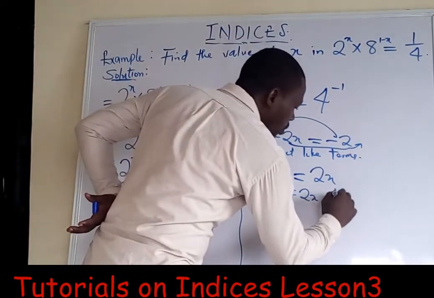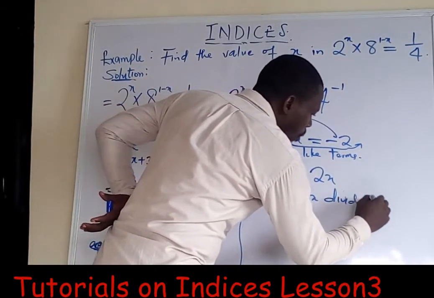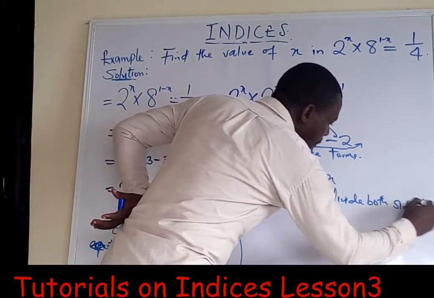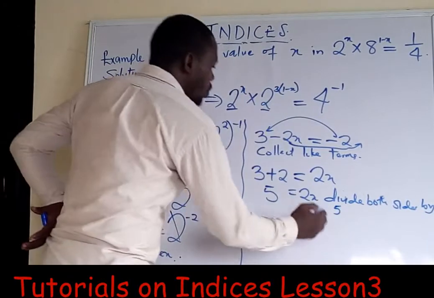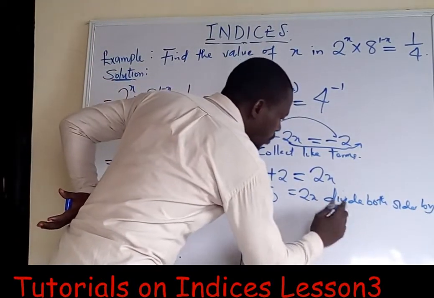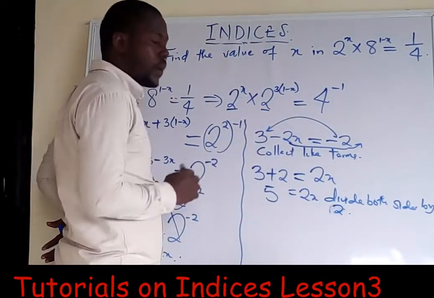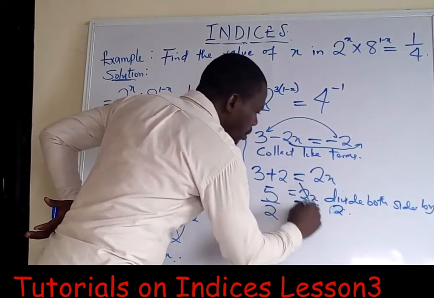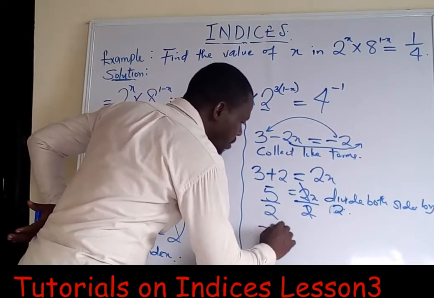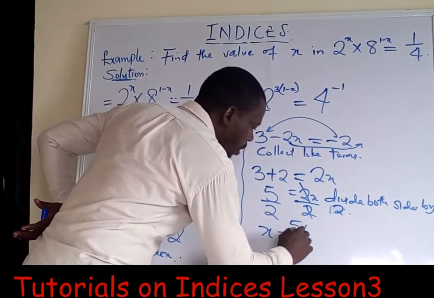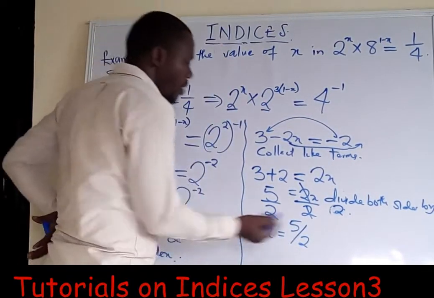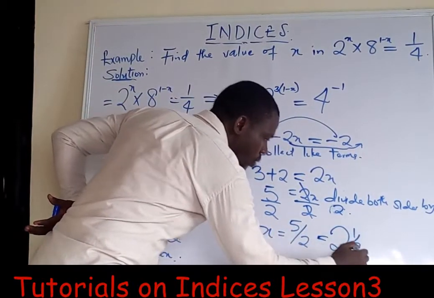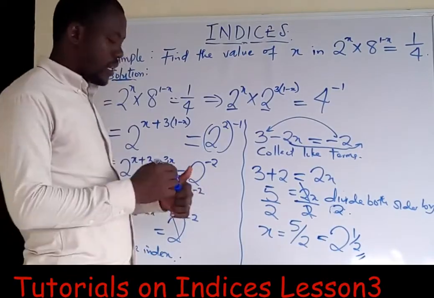And what we're going to do is divide both sides by 2, I beg your pardon. Divide by 2, divide by 2. So, what we have now is x equals 5 over 2. And 5 over 2 is the same as 2 1 over 2. That's 2.5. That's the value of x.